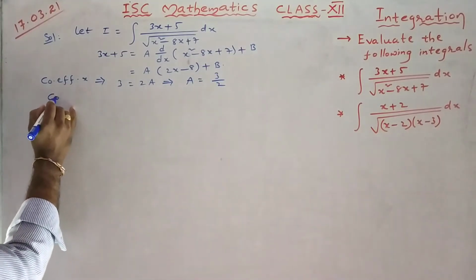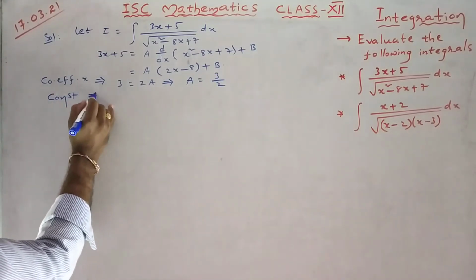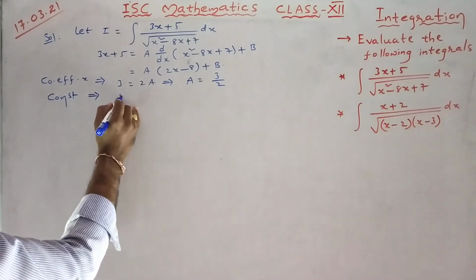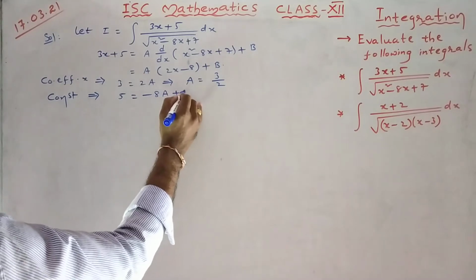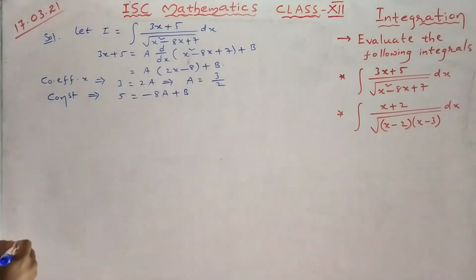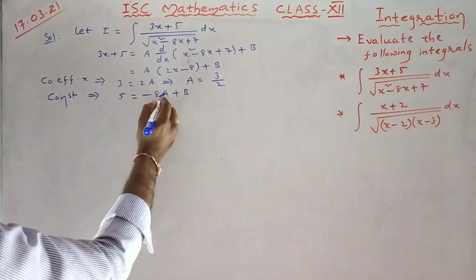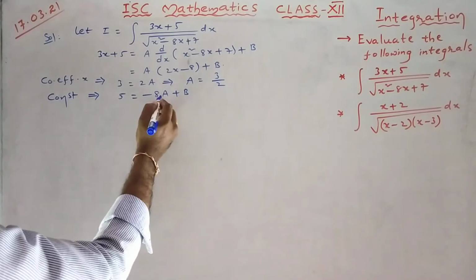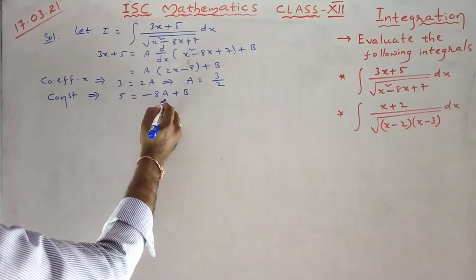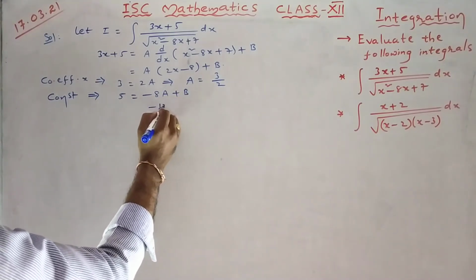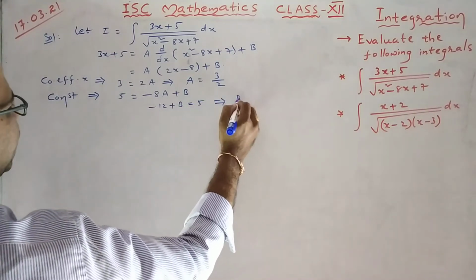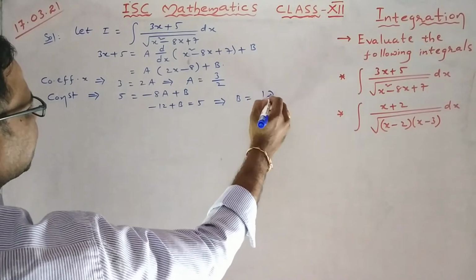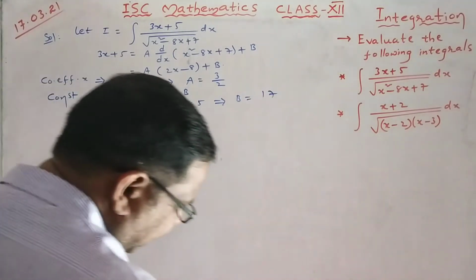If you compare the constant terms on both sides, we get 5 equals minus 8a plus b. In the place of a, keep 3 by 2, then we get minus 12 plus b equal to 5. Then b equals 5 plus 12, 17. Right?